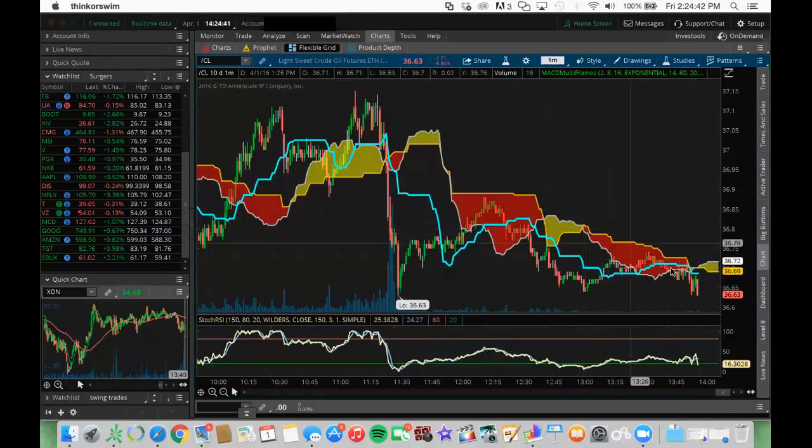I'm not going to long here. But this time around, you actually might have a little bit better of a chance because there's not as much divergence, and it's going to be bottom bouncing in a yellow cloud, not a red cloud. So that's something to look for. And that's what you can kind of use the cloud to see.